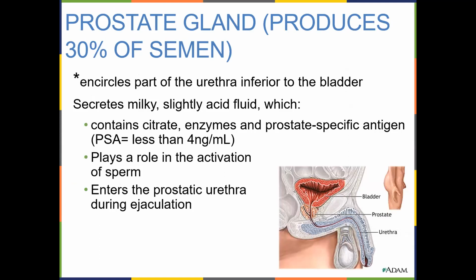It has enzymes, it has citric acid, it may be slightly acidic, and it produces a protein known as prostate-specific antigen. Prostate cells produce prostate-specific antigen, and those are biological markers on the semen.